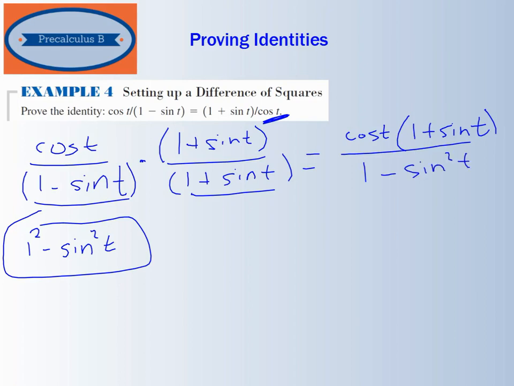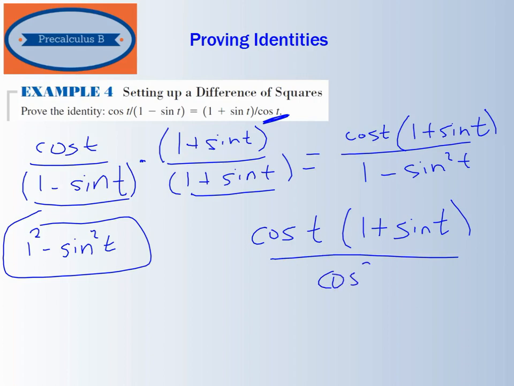Now, 1 minus sine squared, we know by the Pythagorean identity, is just cosine squared. So now I have cosine t times 1 plus sine t, all divided by cosine squared t. Well, my cosines can cancel, and I'm left with 1 plus sine t all over cosine t.